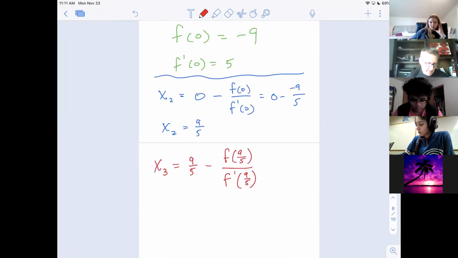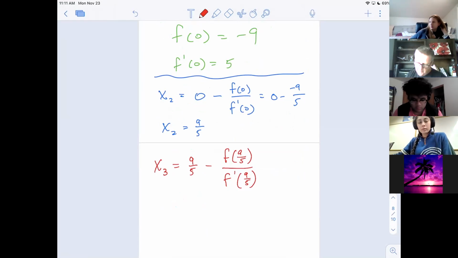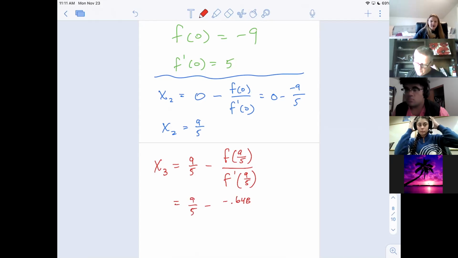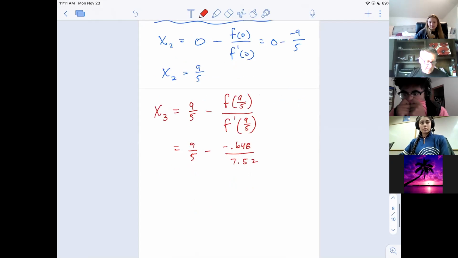The function evaluated at 9/5 is negative 0.648, and the derivative evaluated at 9/5 is 7.52. So I just need to type 9 divided by 5 minus negative 0.648 divided by 7.52. I got 1.886.